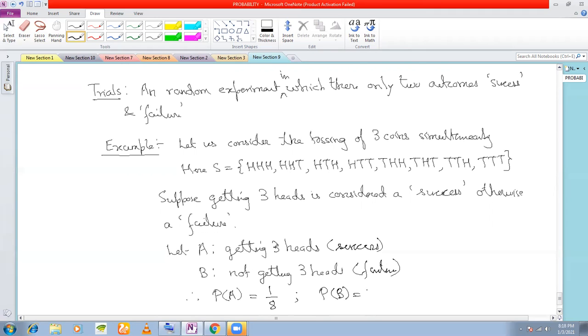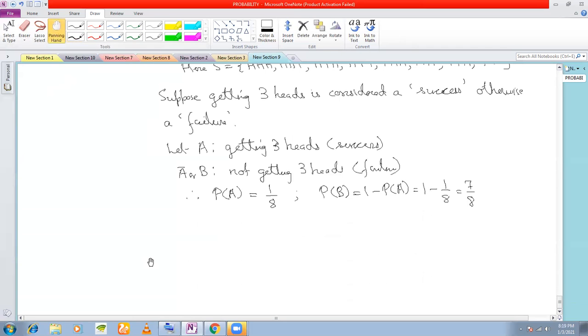This is 7/8, right? This is 1 minus P(A), which is 1 minus 1/8, which is 7/8. Right or wrong? So whether I write B or whether I write A bar, it is the same thing. Understood?